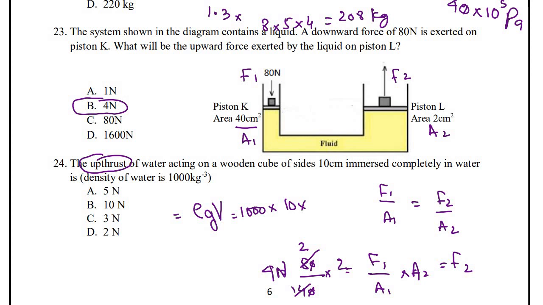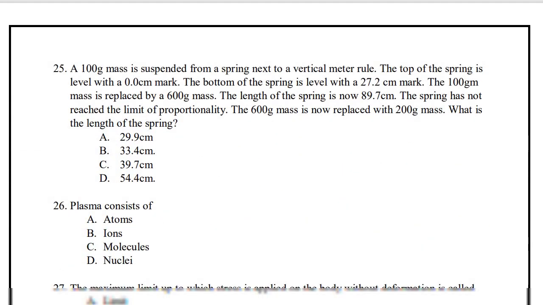So this 10 centimeter can be converted into meter by dividing by 100. So volume of the cube will become 0.1 cube. So after solving this expression, we will get 10 Newton. So option B will be our right answer.